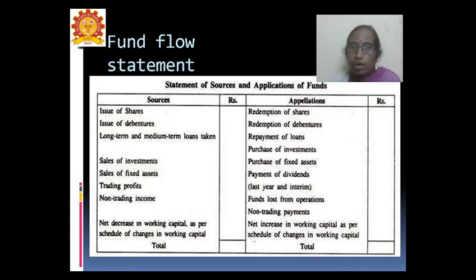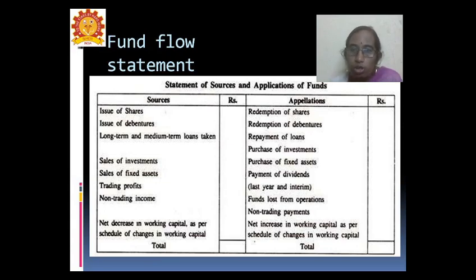Next, the third and final step is, after arriving at the statement showing changes in working capital and the adjusted profit and loss account, we arrive at the funds from operations. The third step is going to be determining the fund flow statement, where we have two sides, similar to the balance sheet, which are the sources of funds and applications of funds.